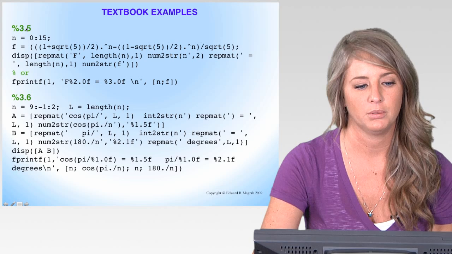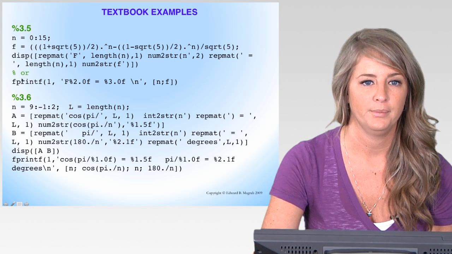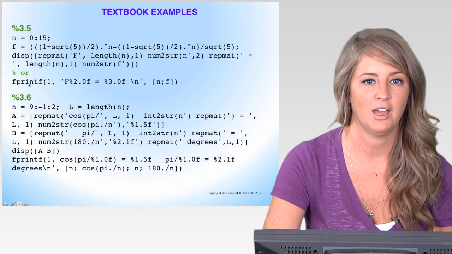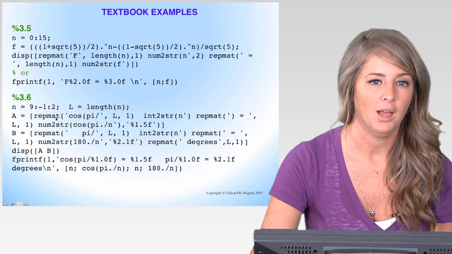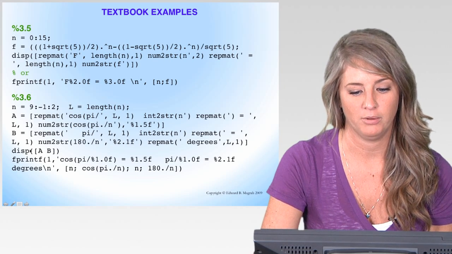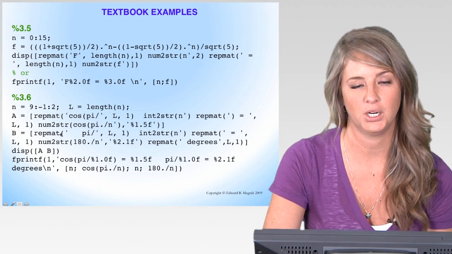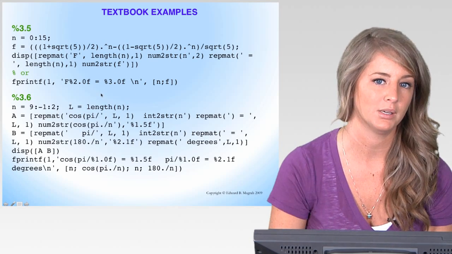And then here's a couple of textbook examples that have been provided for you that make use of the display, the fprintf, repmat, which we discussed before, and then also using num2str and fprintf display into string.